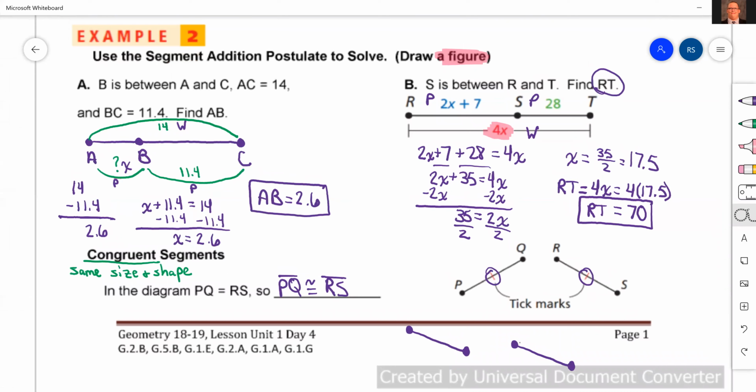Let's say I had these two segments and they had two tick marks on there. Well, that still means if I call this A and B, C and D, that these bottom two are congruent to each other, but not to the top two.